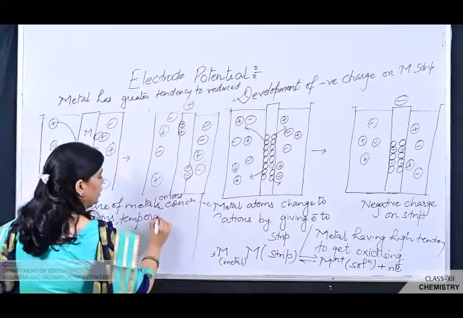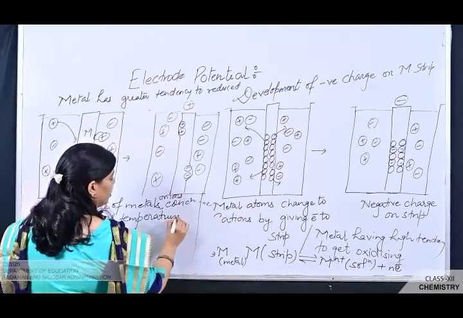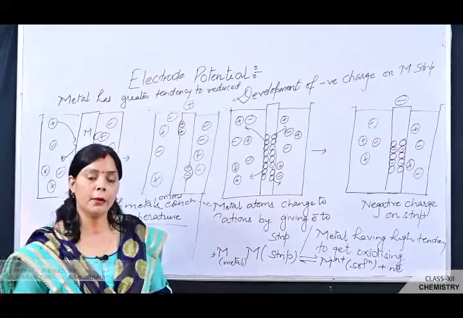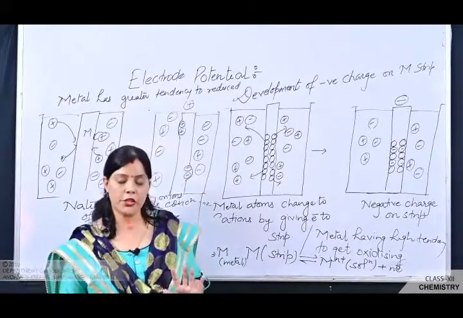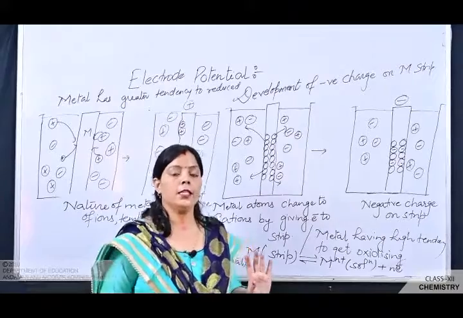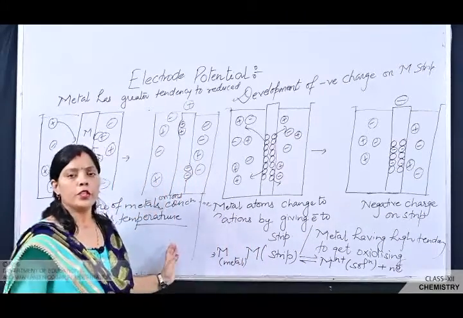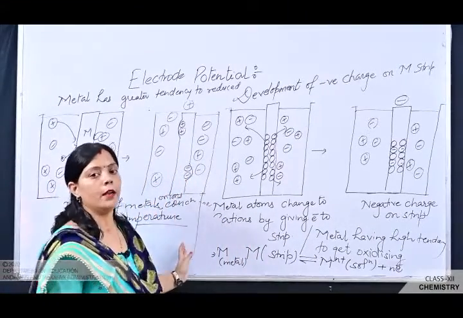These are the important factors which determine the exact potential difference at the equilibrium, and these are the important factors on which the electrode potential of a metal depends.